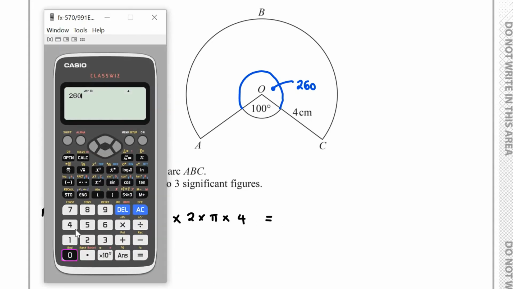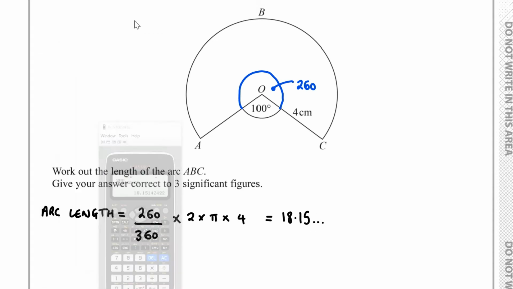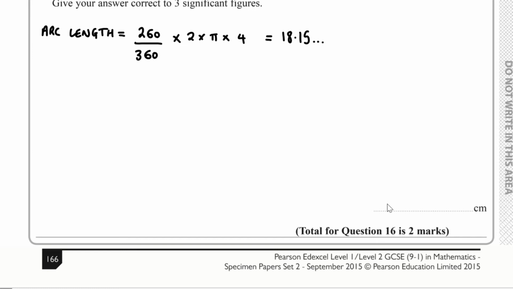So we've got 260 over 360 multiplied by 2 pi multiplied by r, which is 18.15, etc. So indeed we get to three significant figures, 18.2 centimeters.